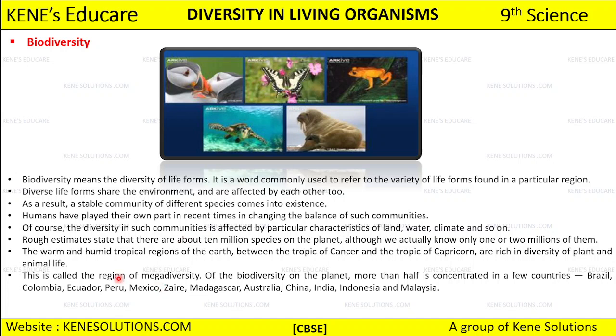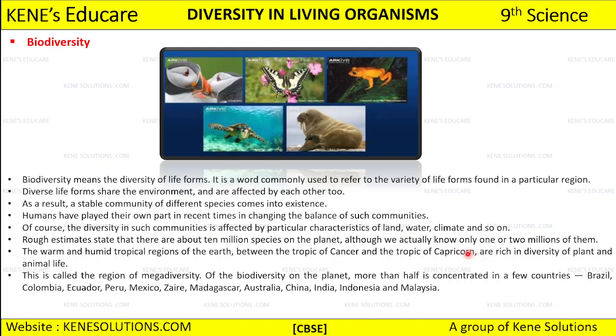Now what exactly is it? See, the warm and humid tropical region of the earth. We all know that on earth we have these warm and humid tropical regions, right? And this region exists between the Tropic of Cancer and the Tropic of Capricorn.